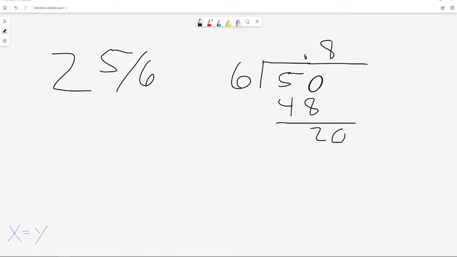Drop down another 0. 6 goes into 20 3 times. 18. Makes 20 again. So we found ourselves in a loop here. So we just draw a line over the last 3, and that tells us that the 3's are infinite. You could write it out too, but trust me, you just want to draw the line.